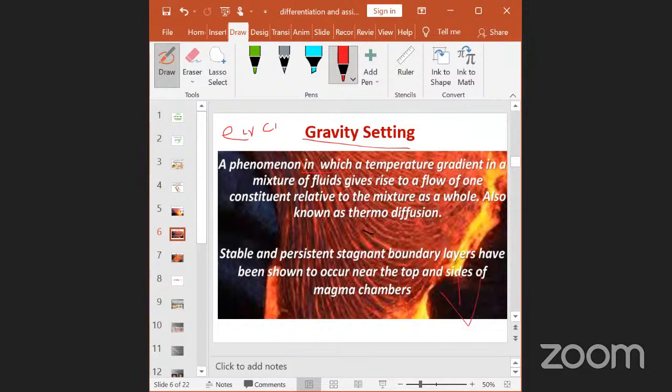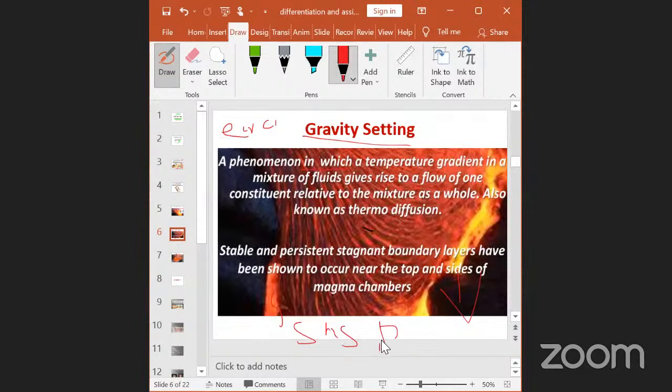The process of sinking is controlled by the viscosity of the magma. Viscosity is friction between the layers of magma. It is also controlled by the shape, size and density of the crystal. Settling of crystals under the effect of gravity is an effective process of differentiation, right?